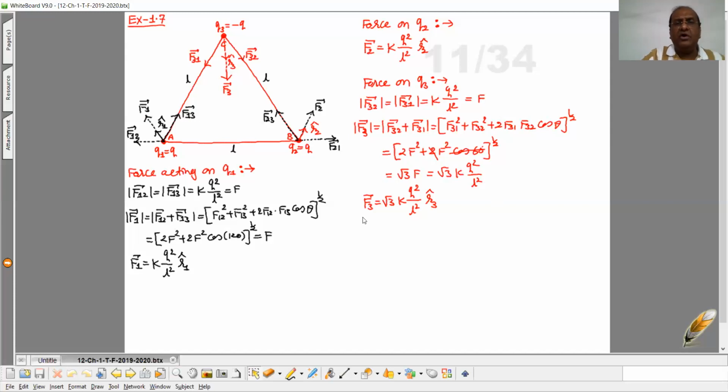Similarly, now the force on charge Q2. Due to Q1 it is repulsive, due to Q3 it is attractive.